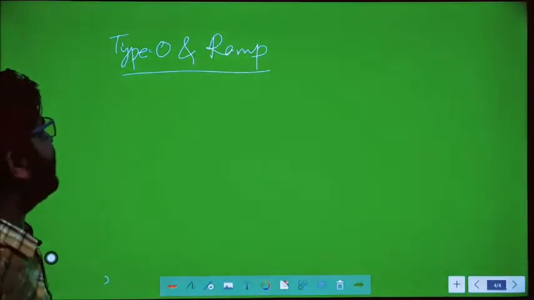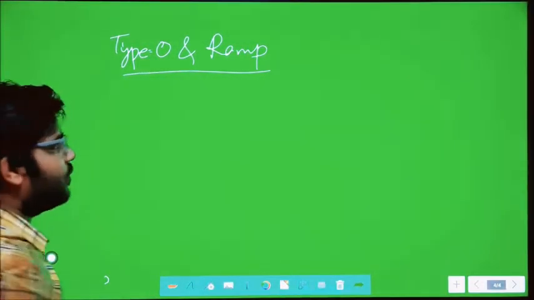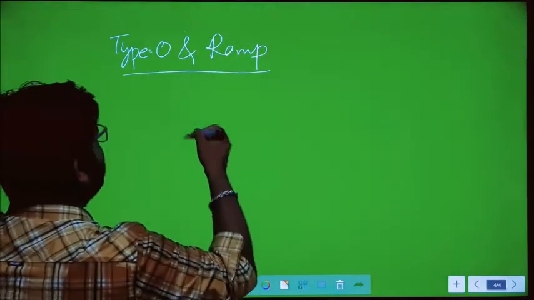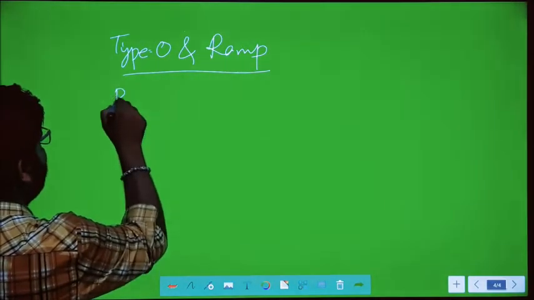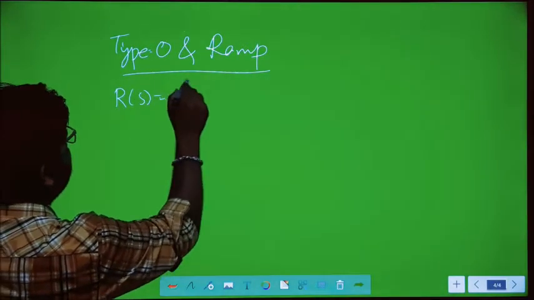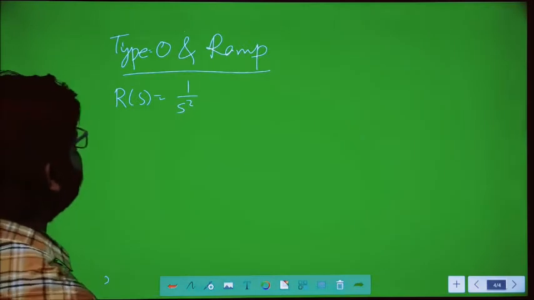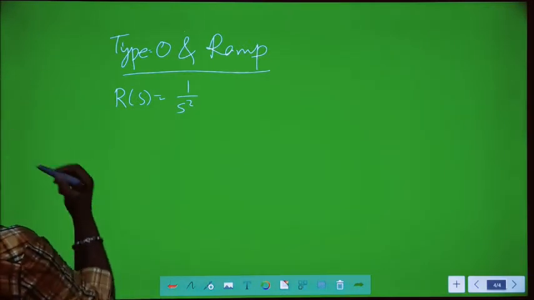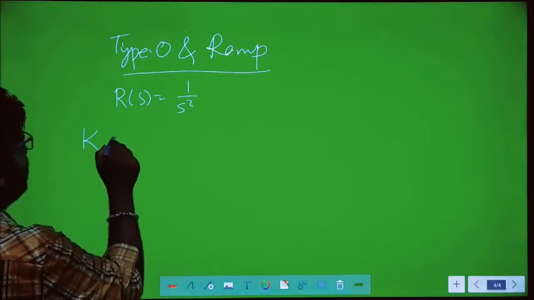So with respect to a type 0 system, let me change my input. Previously we had the step input. Here we have the ramp input. That means here you can say R of S is nothing but 1 by S square. Okay? That means the input becomes ramp. So for ramp input, we have the constant that is nothing but Kv, the velocity error constant.